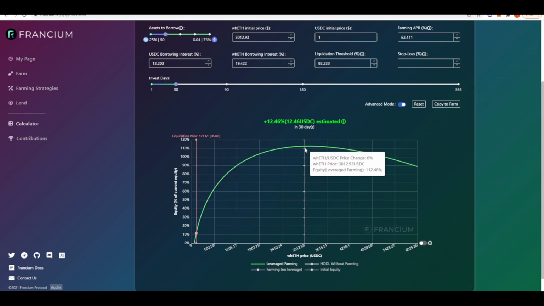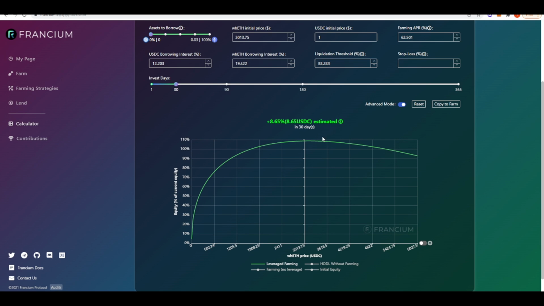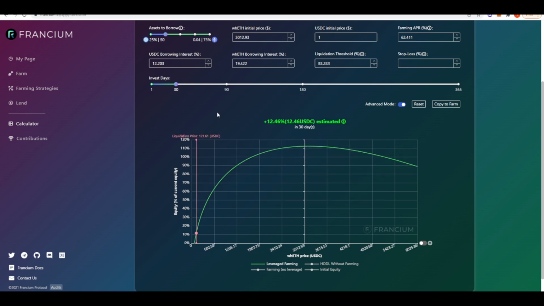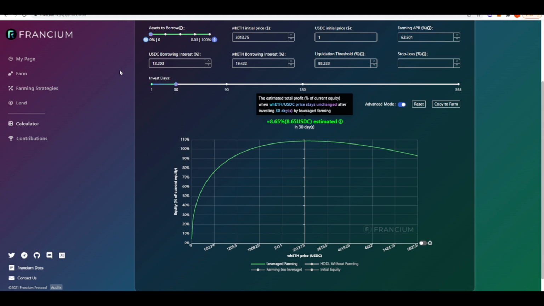At the end of 30 days, assuming that the price of ETH doesn't change, you've made 12% on the pseudo delta neutral hedging strategy, but on the borrow farming strategy, given the same parameters, you've only made an 8% return. So that's just one thing to note, that you are going to make higher returns using the pseudo delta neutral hedging strategy versus the borrow farming strategy.